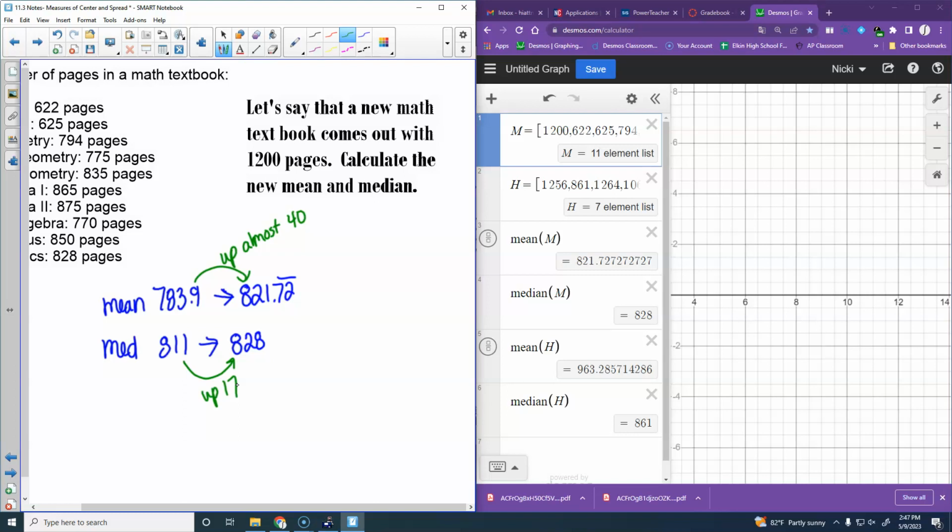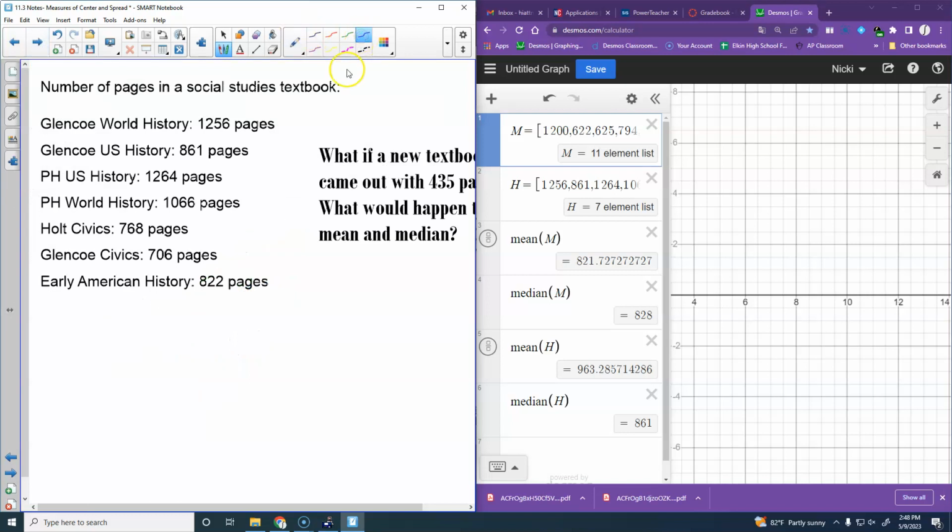Let's look at a similar situation with the history textbooks. So for history, our mean was 963.286, and our median was 861. Okay? So we want to know what if there's a new textbook with 435.